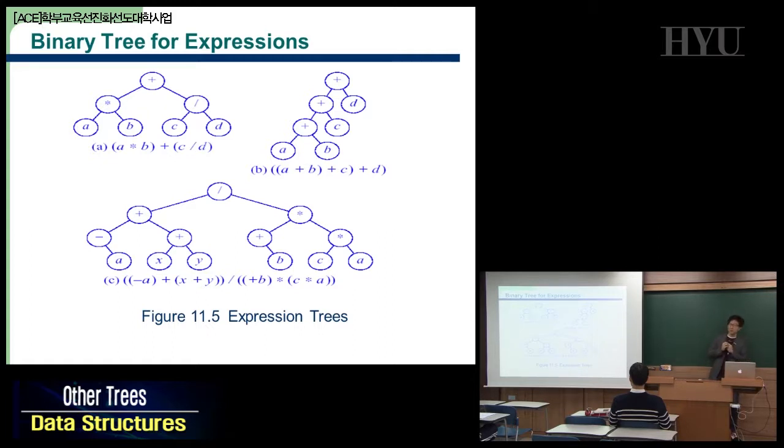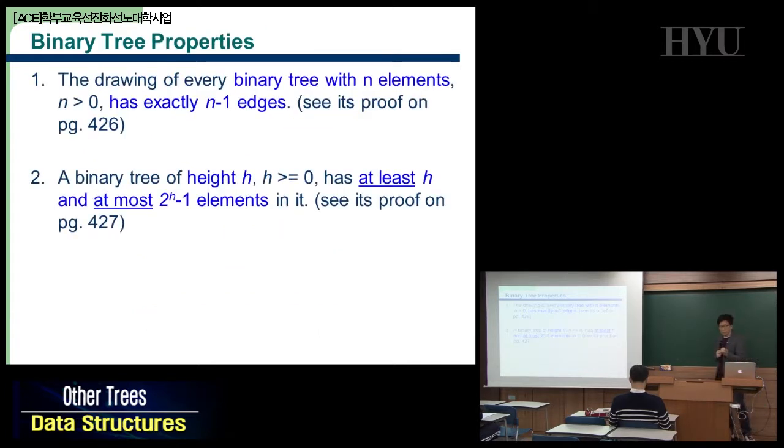So trees are probably the basis for compilers that parse those syntaxes, those words, to find out whether they comply with the syntax of the programming language you're using. Expression trees. And then there were three binary tree properties.